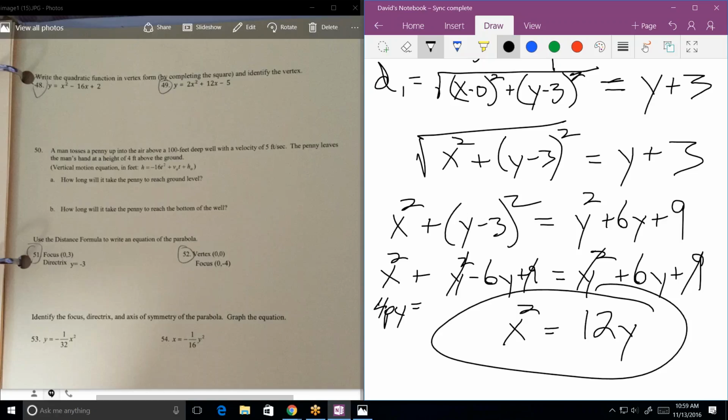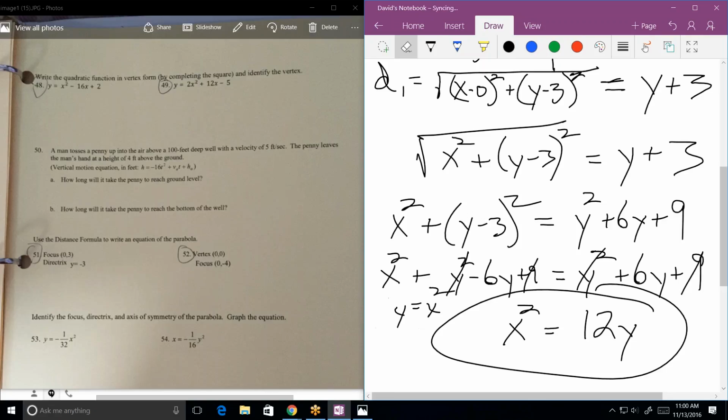4py equals x squared, or x minus h squared if there's an h and a k. Have they taught you this? I don't believe so. So they give it to you in the vertex format, and they tell you that a is 1 over 4p? That's the way they do it?